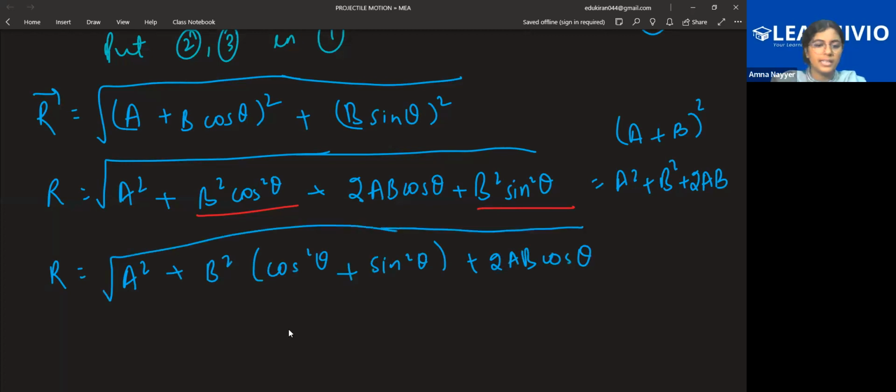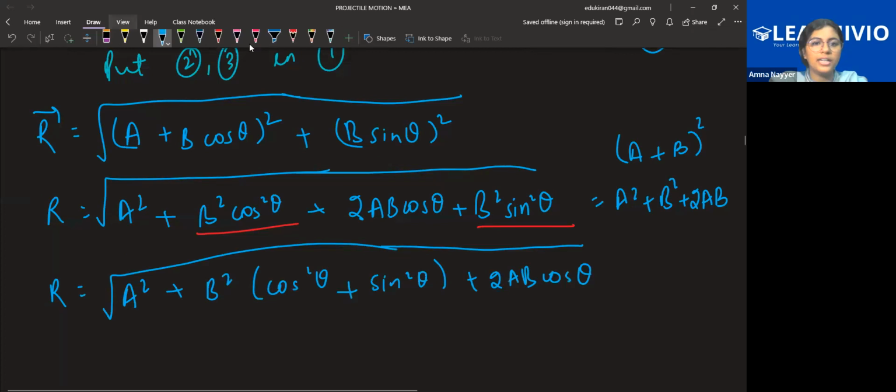Now, class, can anyone tell me the value of this? 1.